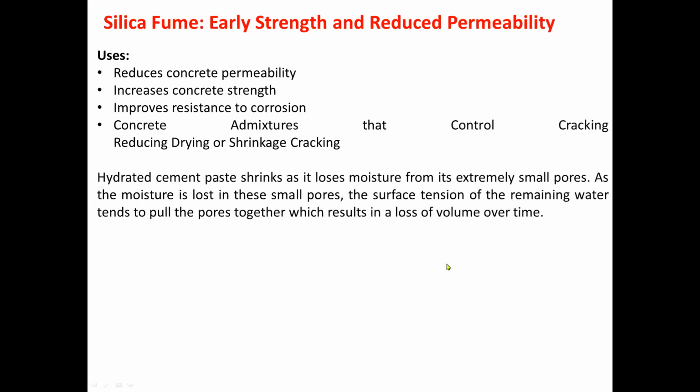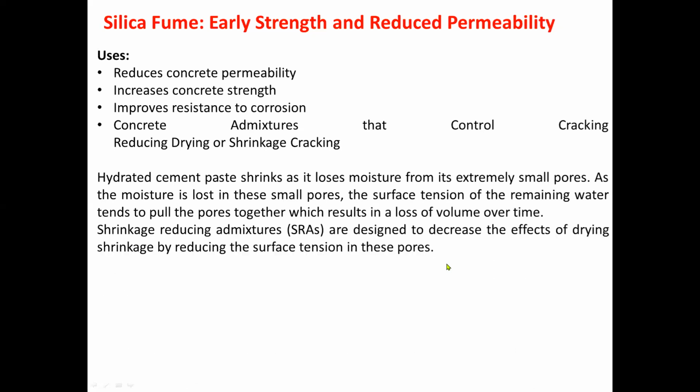Hydrated cement paste shrinks as it loses moisture from its extremely small pores. As the moisture is lost in these small pores, the surface tension of the remaining water tends to pull the pores together, which results in a loss of volume over time.